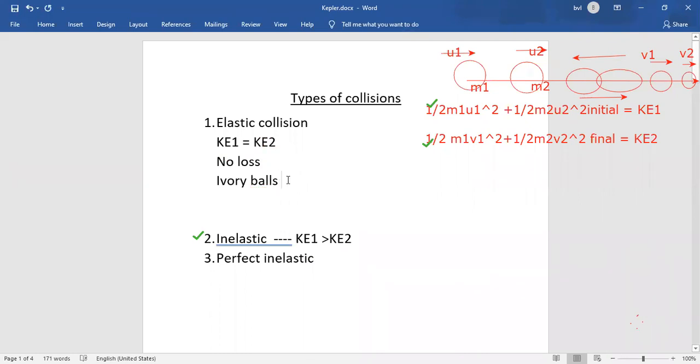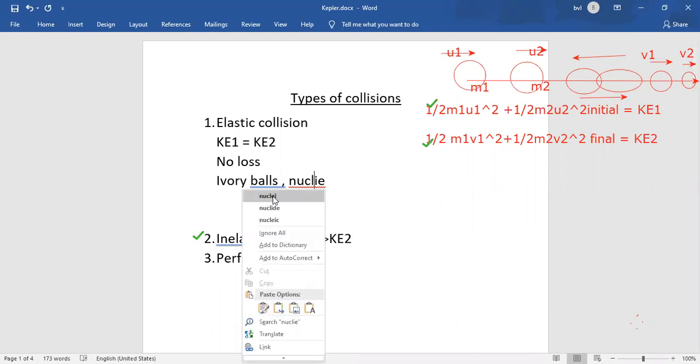So the collision between ivory balls and the collision between two nuclei are examples for elastic collision. Two nuclei between two atoms, then elastic collision takes place. There is no loss in kinetic energy. Ivory balls, billiard balls, which are made of a smooth material, have no friction. So these are the examples for elastic collision.